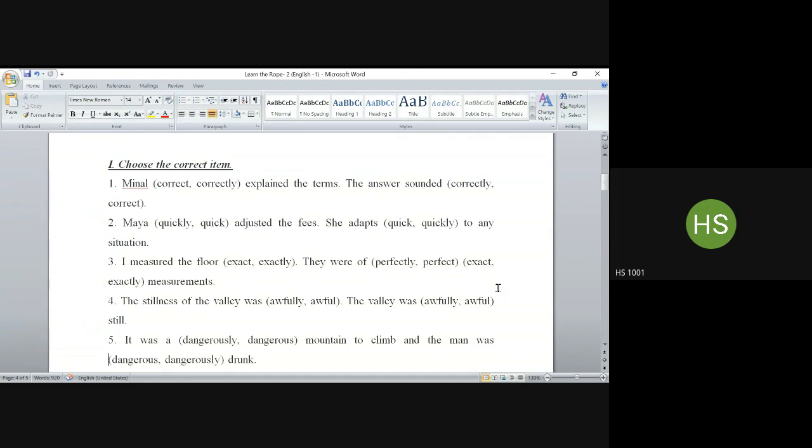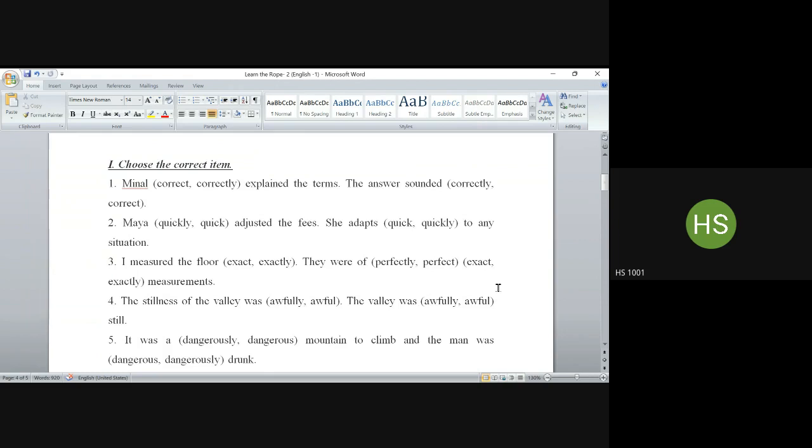And also, that's not the right way to learn anything. It's always about how they're used and how they're represented structurally within the sentence. So yes, Meenal correctly explained the terms. We cannot use correct here because what we have to modify is a verb, and that can be done only by an adverb. So Meenal correctly explained the terms.